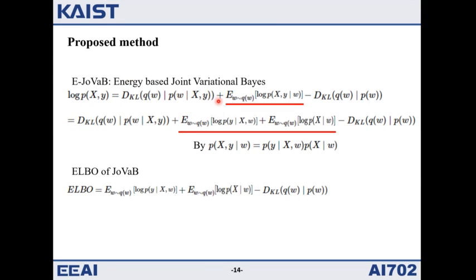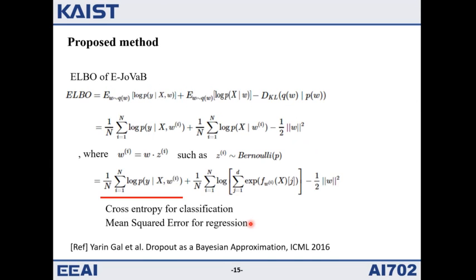The expected log p(x, y given w) can be decomposed into log p(y given x, w) and log p(x given w). Then it can be formulated as the following equation, and the ELBO of JoVaB is the last term except the first KL divergence. The ELBO is the objective function for optimization.